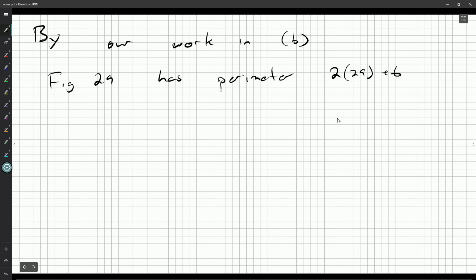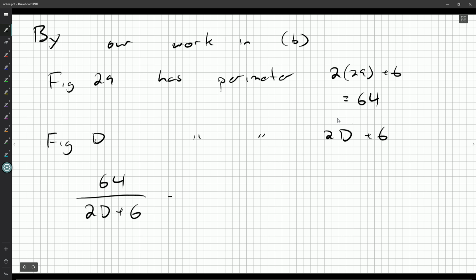So that's 58 plus 6. That would be 64. And we've got a formula for figure d as perimeter 2d plus 6. So we know 64 over 2d plus 6. They're telling us the ratio they want, 4 over 11. So if we divide both sides by 4, we'll get 16 over 2d plus 6 is 1 over 11.